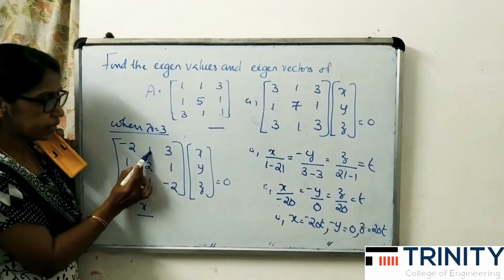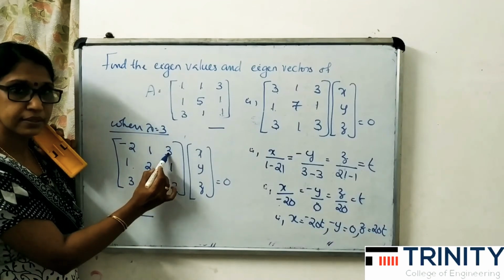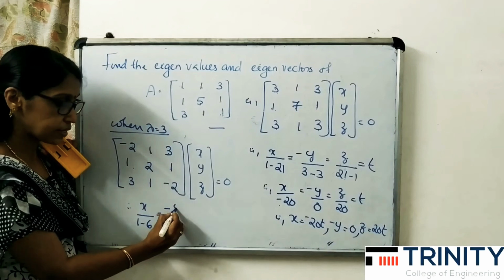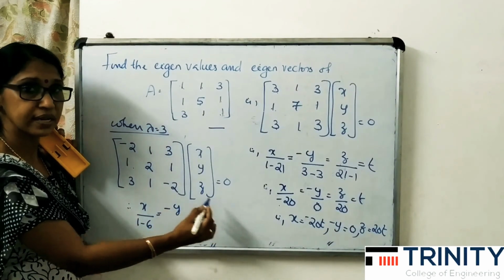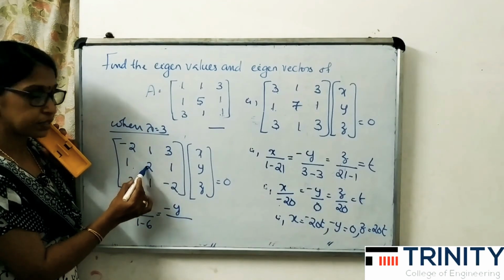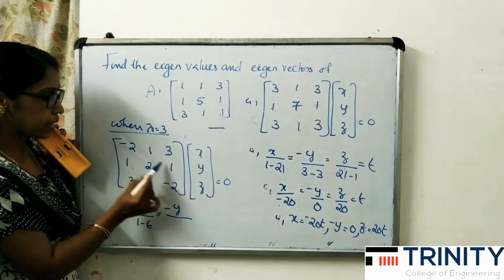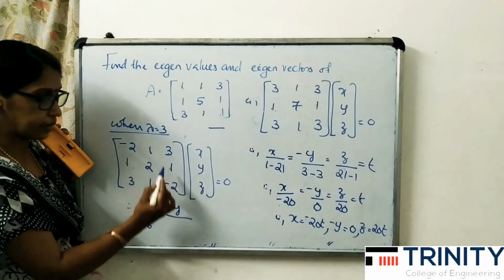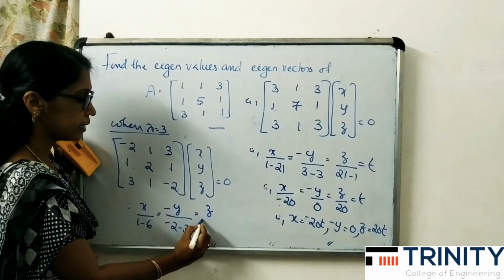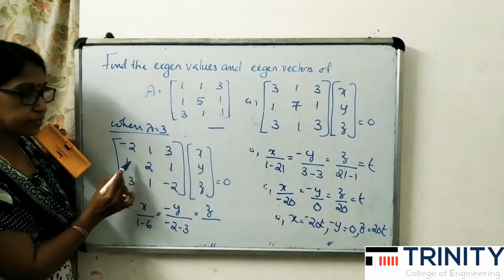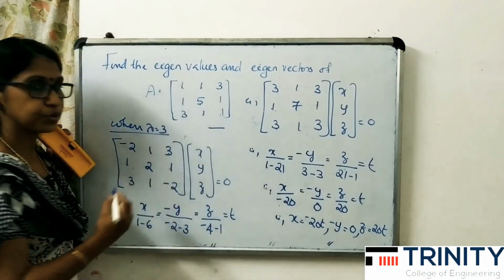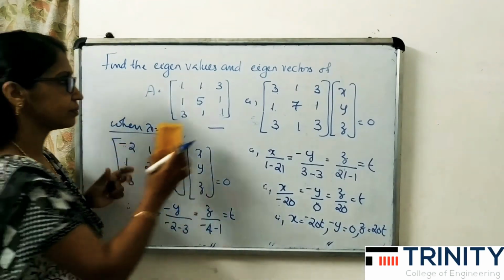So x divided by 1 minus 6 is equal to minus y divided by, omitting this column, minus 2 minus 3, is equal to z divided by minus 4 minus 1, is equal to t.